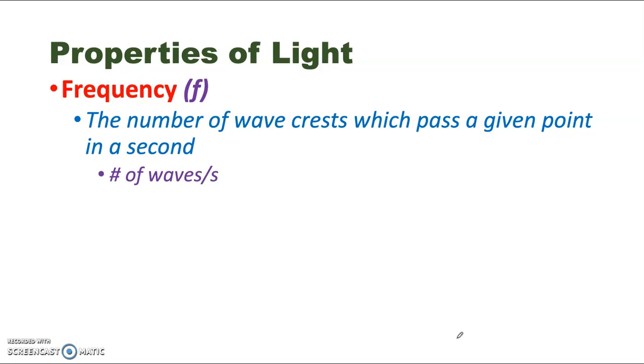So the units are number of waves per second, which we call hertz. So the units are per second, 1 over seconds, or hertz. Sometimes you'll see seconds minus 1 used as the units. That's another option as well.